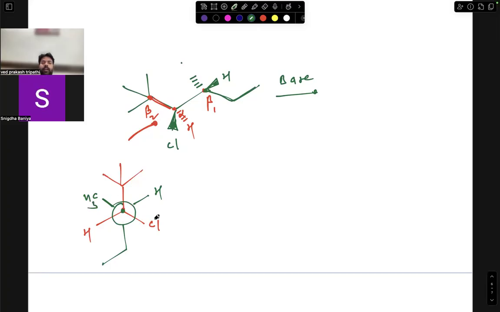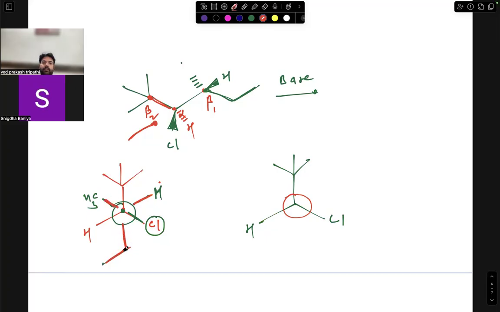Now look at the red one. Suppose this is the front carbon, with chlorine on the right at this angle. I would like the green hydrogen to be anti to the chlorine. You can fix the first one; there is no need to rotate the front carbon, chlorine and hydrogen. Now I am going to rotate this part.